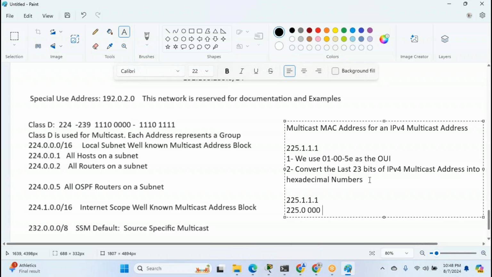So 0000, because one hexadecimal number is 4 bits, 0001, 000, 001, 000, 0001. Basically, now we have to use the last 23 bits and convert them into hexadecimal numbers.